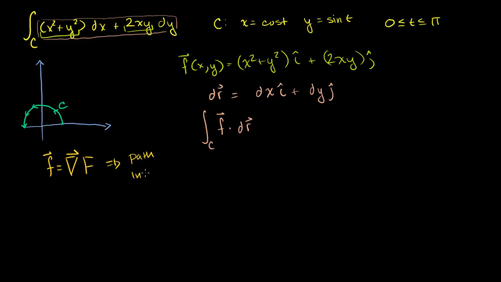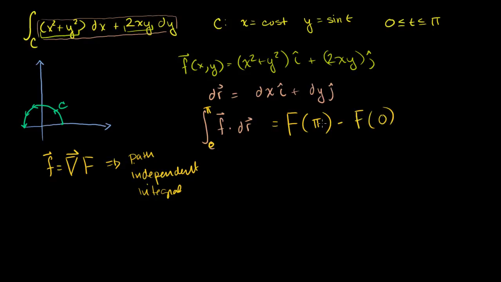Path independent integral. And we'll know that this is going to be equal to capital F evaluated from t going from, well, in this case, 0 to pi. We could say that this is equal to capital F of pi minus capital F of 0.